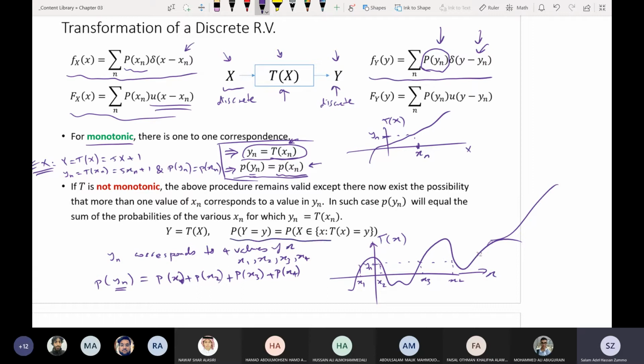And hence we write it in terms of this equation: the probability of Y equal y equals the probability of x such that T of x equals y. So these are the roots of this equation. Clear, guys?